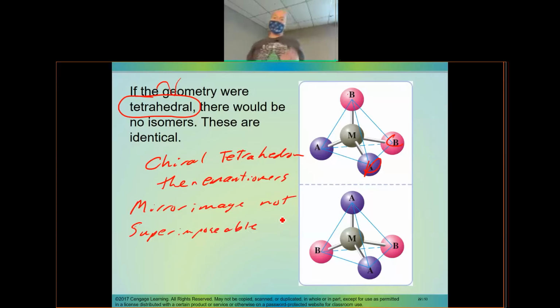All right, so for your square planar, you can't have enantiomers. You're just going to have cis and trans isomers. For your tetrahedral, just like in your carbon compounds, your L and your D, you have right hand and left hand if you have 4 different ligands.